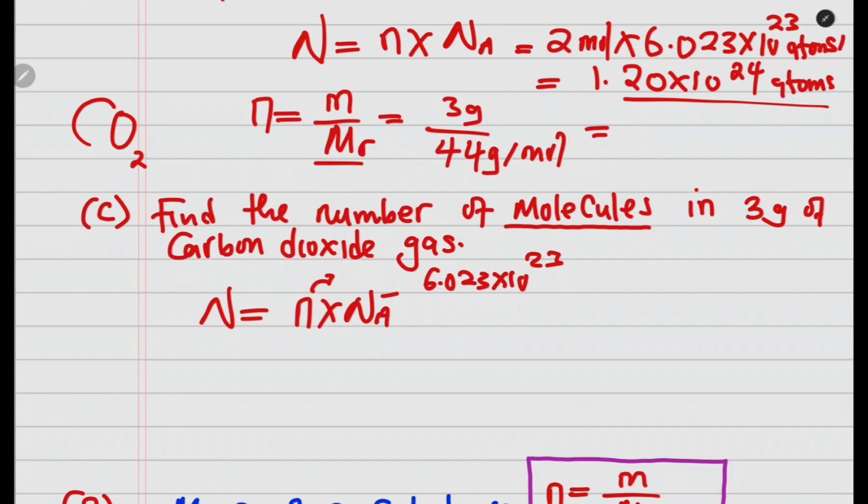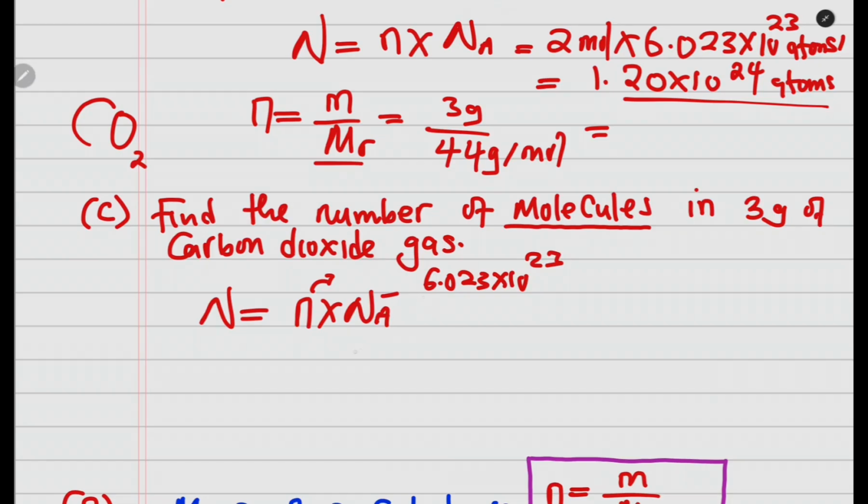So when you divide 3 divide 44, what are you able to find as the answer? Let us just divide. Okay, so for me, I'm finding 0.068. I don't know if that is what you found.